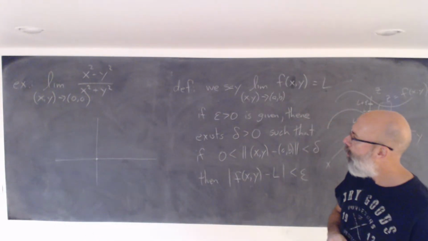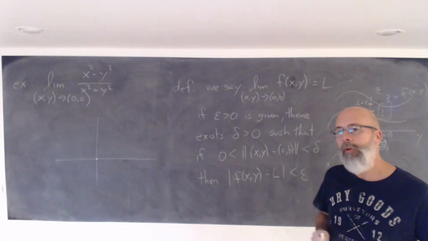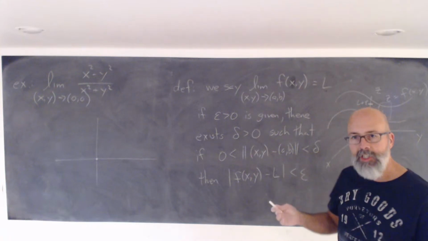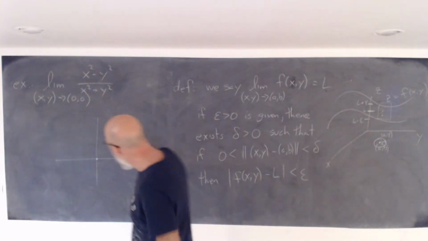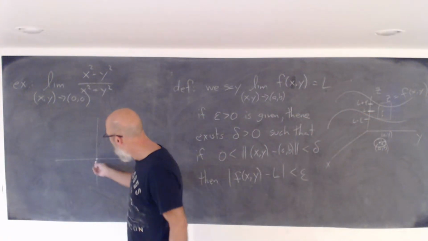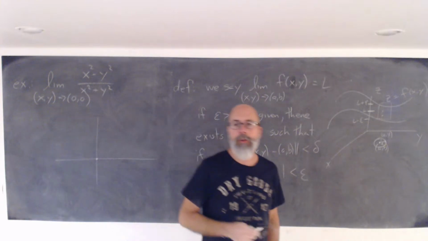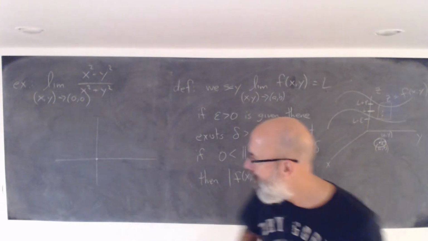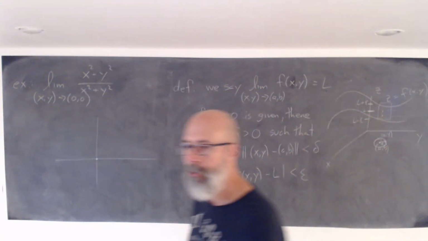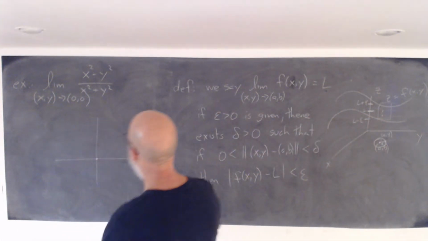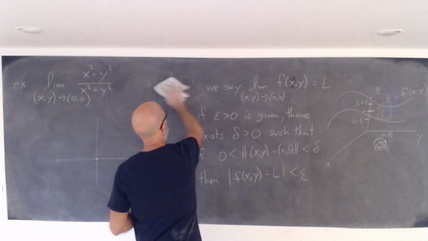So if the limit exists, the limit has to be the same from any direction. Any way you get to the origin, the limit should be the same. So let's investigate a few paths.